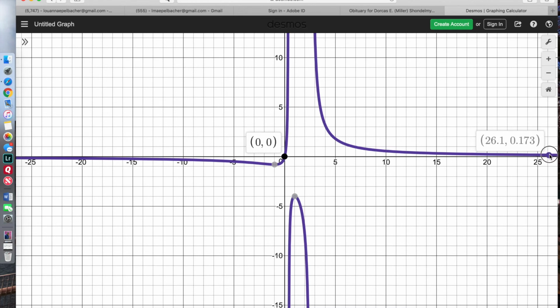On the right, they're always positive, and on the left, they're always negative. So this is the only place that the graph crosses either the x-axis or the y-axis. And so 0 is both your x-intercept and your y-intercept. But again, you need to show those to me algebraically. And I've shown you how to do that in the written part of the answer key video.